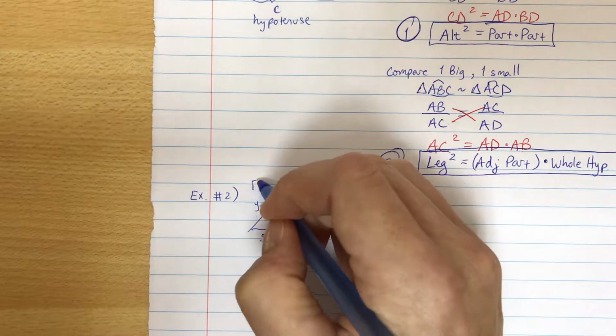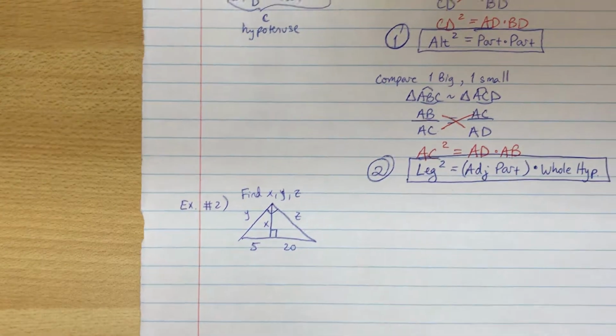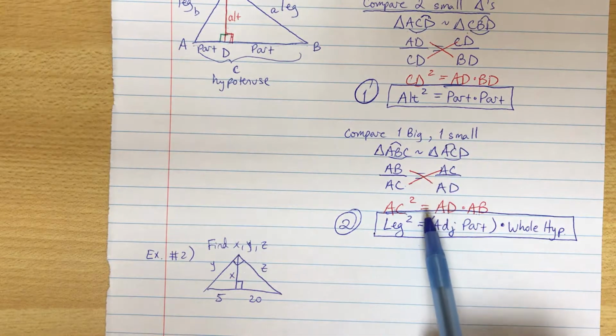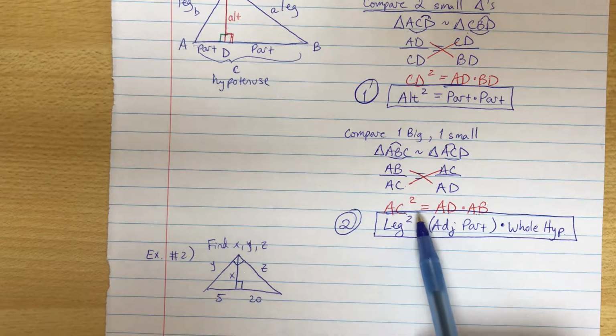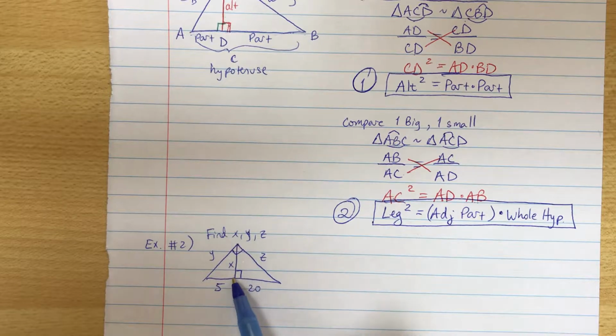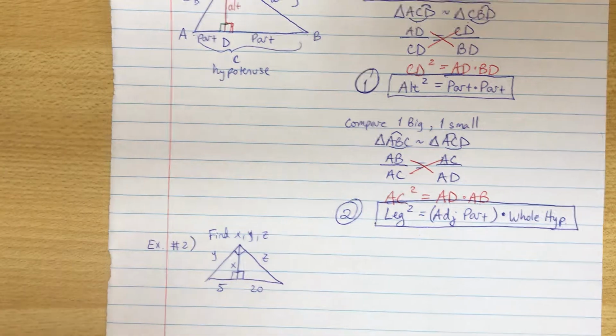And we want to find x, y, and z. Now you have to understand, you can only use these formulas if a geometric mean exists. And the only time that's going to happen is if you have a big right triangle and you draw an altitude from that right angle, because that creates the 3 right triangles.